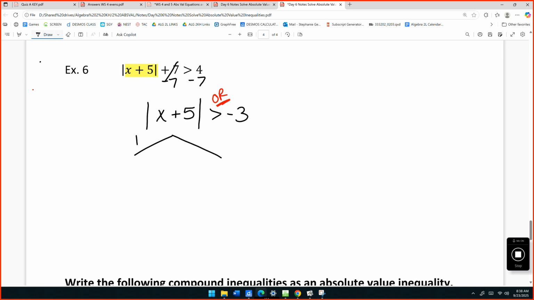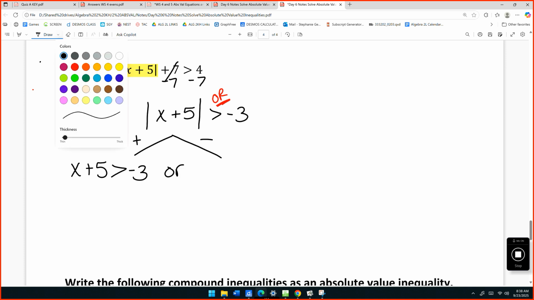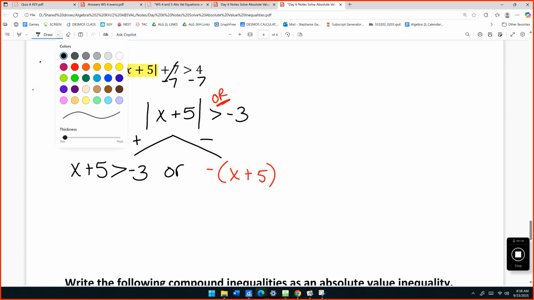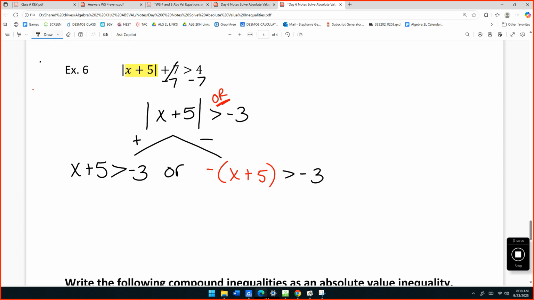We've got our positive path and our negative path. Our positive path would be x plus 5 is greater than negative 3. Or our negative path is negative x plus 5 is greater than negative 3.